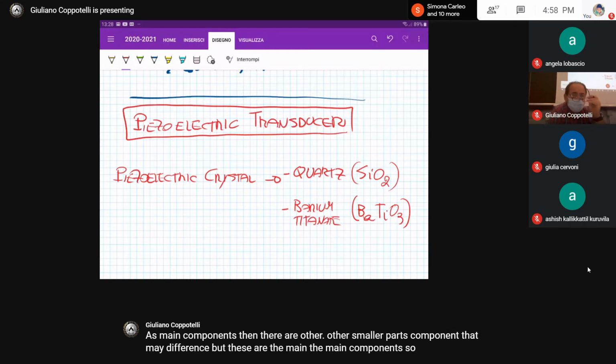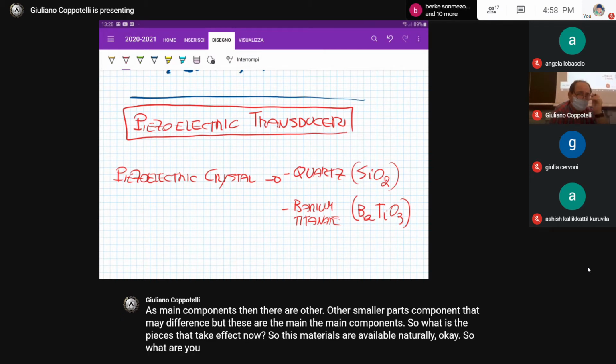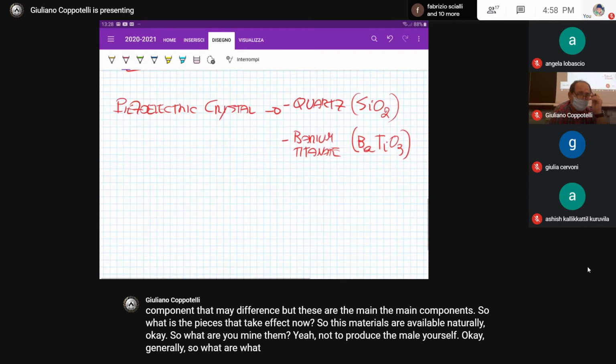So what is the piezoelectric effect now? These materials are available naturally, so you can mine them, not produce them by yourself, generally. So what is the piezoelectric effect?